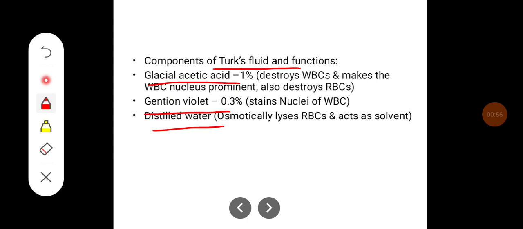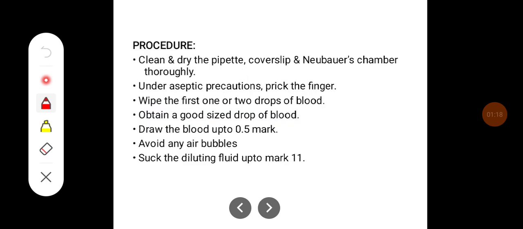Glacial acetic acid destroys the WBCs and makes their nucleus prominent. They also destroy membranes of the RBCs, so that is why we are not able to see RBCs in the slide. Gentian violet stains the nucleus of WBCs, and distilled water osmotically lyses RBCs, and it also acts as a solvent.